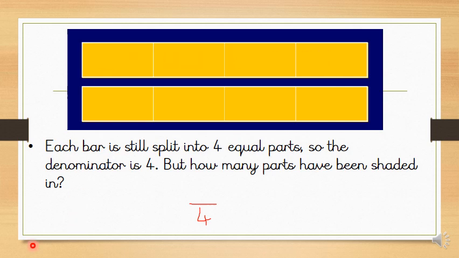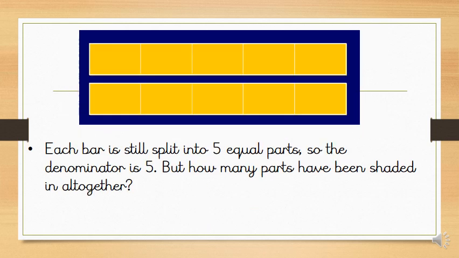So now we've got 8/4. And 8/4 is also equivalent or equal to 2 wholes, because you've got two bars that have been both shaded in. So you've got two wholes. So you know that 8/4 is the same as 2 wholes.